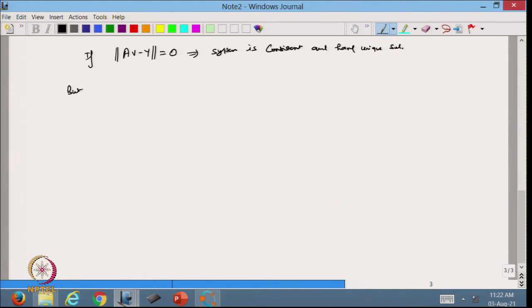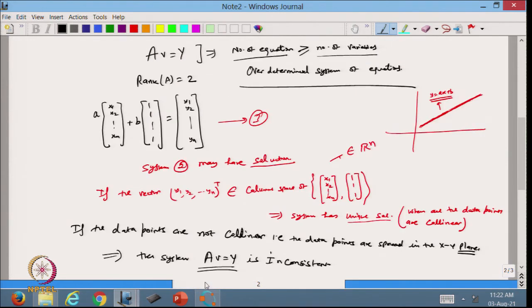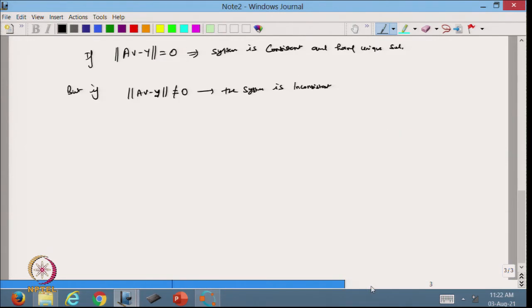But if we take Av minus y and suppose this is not 0, then the system is inconsistent. So, this system I cannot solve with the method. So, you can see from here that this is basically an error.